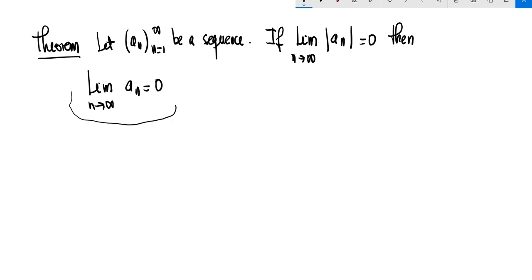Okay. So perhaps we could start with an example here, and our first example will be the following. Let's compute the limit of (-1) power n over n as n is approaching infinity.